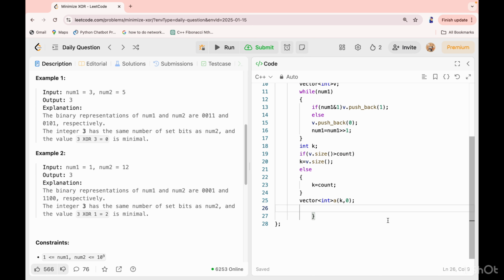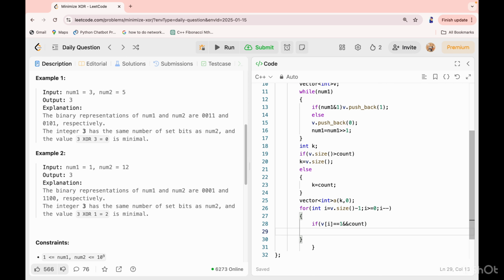Now firstly we will look at all the MSB of unset bits. We will find all the MSB of unset bits. From 0 to i minus, we will check if at this bit it is set or not, and if count is existing here.